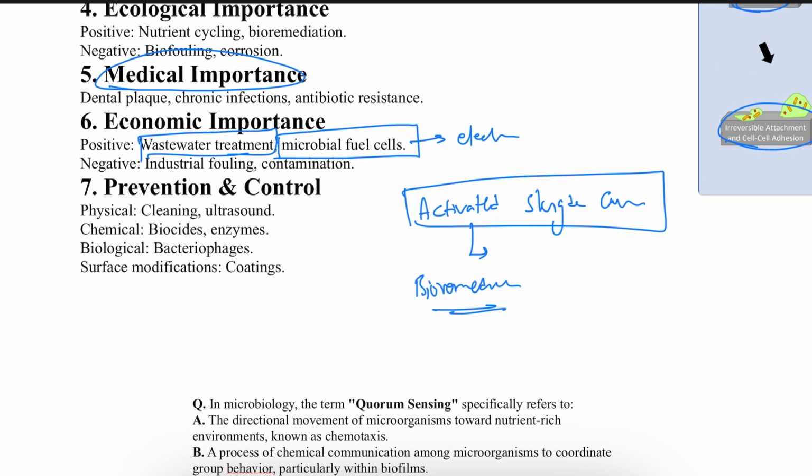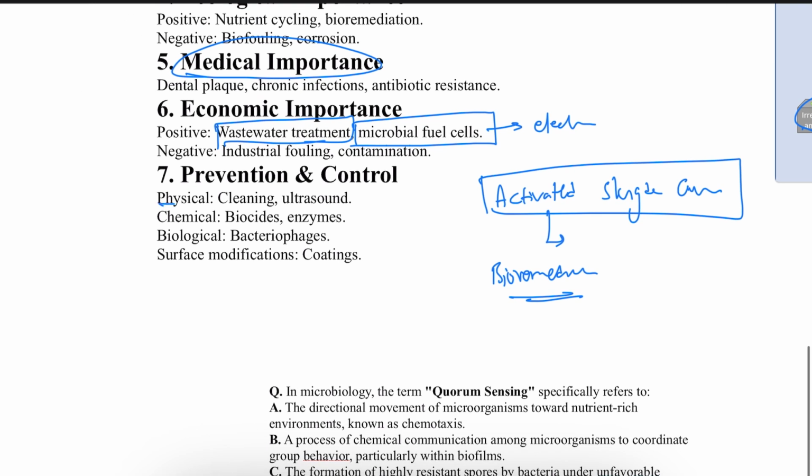And coming to the last aspect, control and management of biofilms. We have physical, chemical, and biological methods. In the case of physical methods, we have cleaning of the surface and ultrasound methods. Usually in hospitals, we have sterilization equipment, which prevents the formation of biofilms on medical instruments.